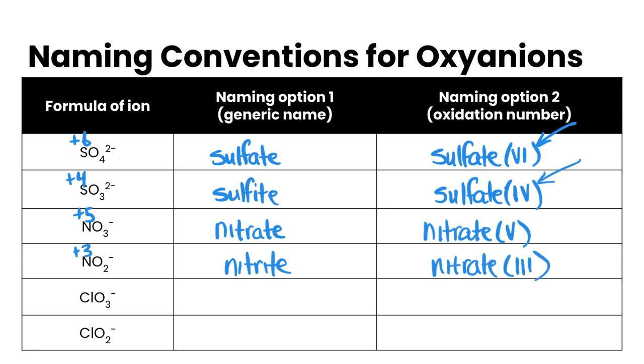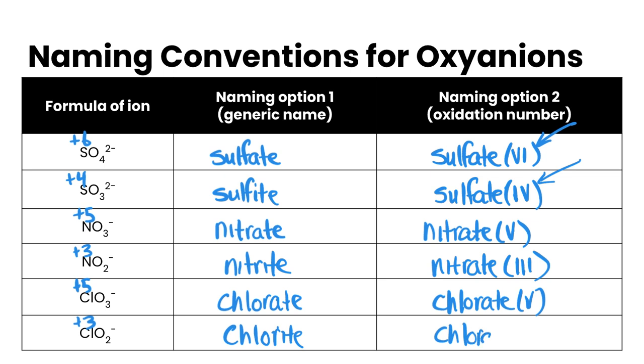Instead, you can use the oxidation numbers to indicate. For the last one, we have chlorate versus chlorite. And the oxidation numbers here, if we work them out, we got +5, and we got +3 again. So instead we could call these chlorate(V) or chlorate(III).